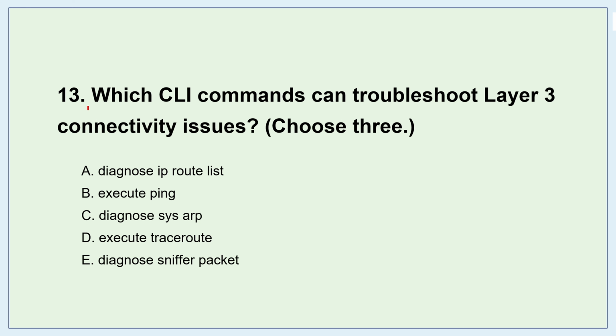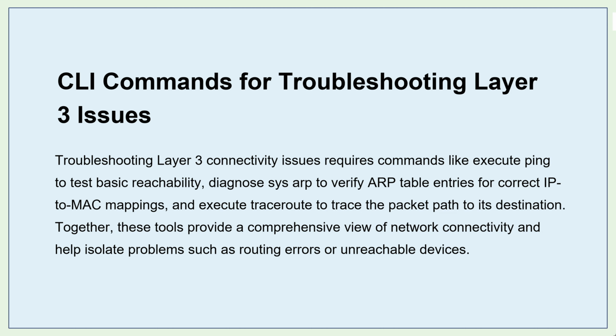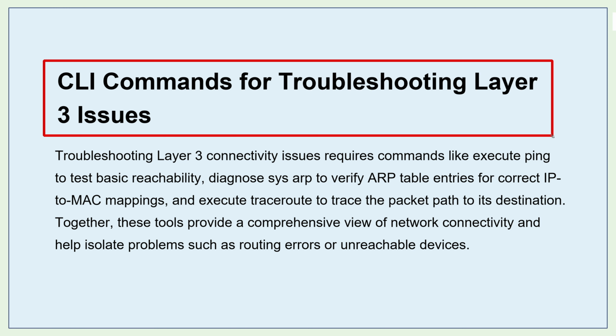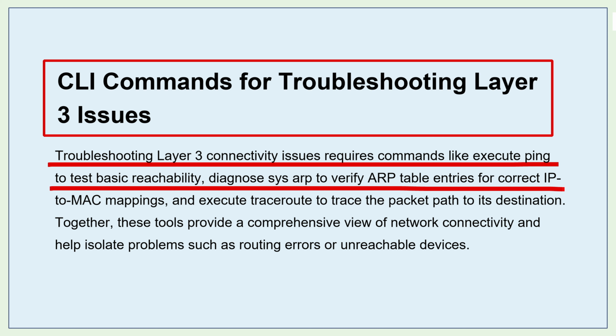Question 13. Which CLI commands can troubleshoot Layer 3 connectivity issues? The knowledge points of this question are: network diagnostics. Use ping to check if a device is reachable. Diagnose sys arp to verify IP to MAC mappings. And traceroute to see the path packets take.